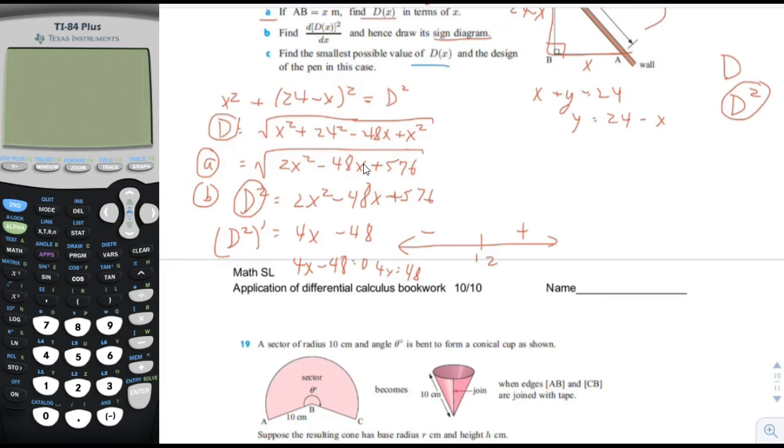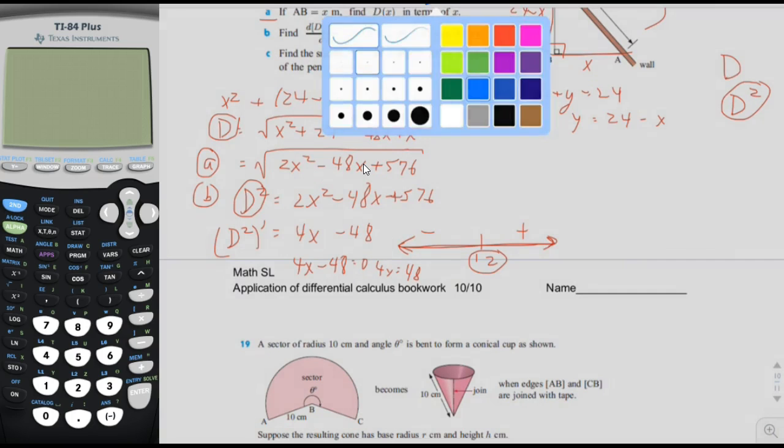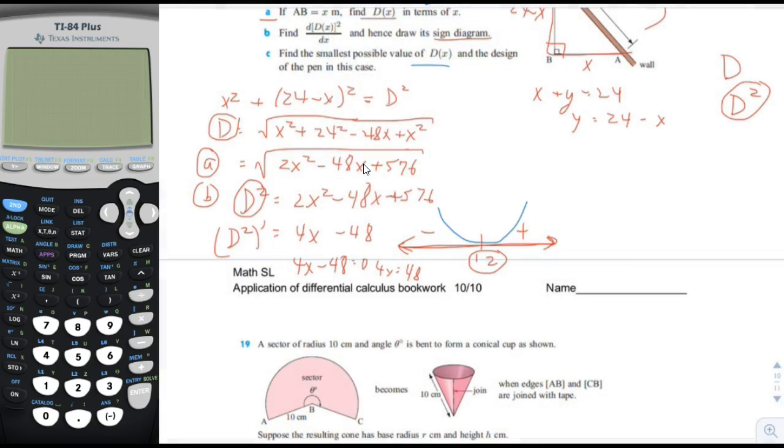So we know that the sign diagram for D squared dash is this. So it looks like 12 is going to be the minimum value, right? Because it's going to look like this, negatives and then positive.